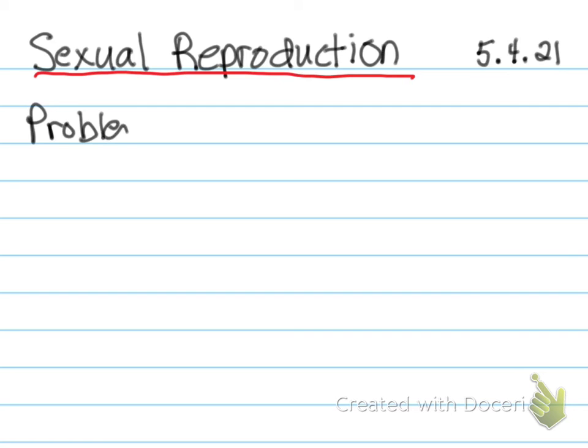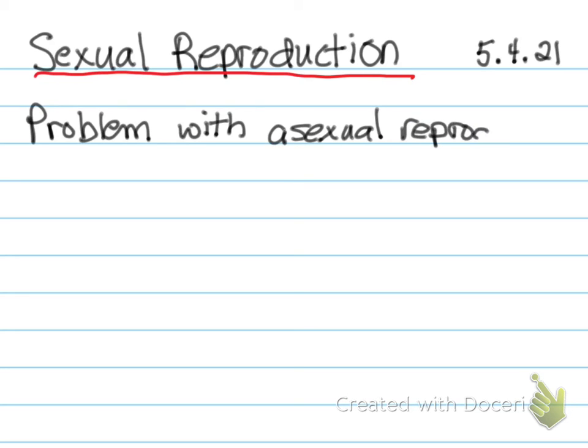The problem with asexual reproduction is that everything's the same. There's no variety. Everything's identical. When an amoeba reproduces, it reproduces the exact same amoeba. Okay? So that's the problem.